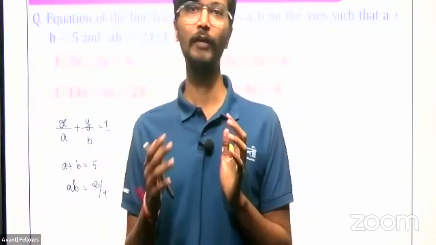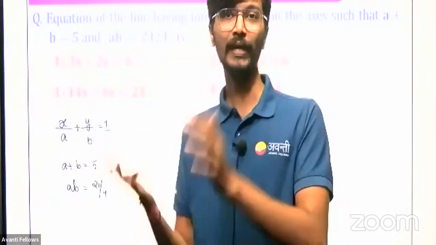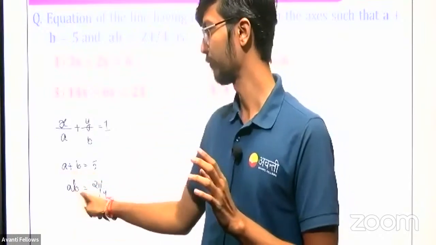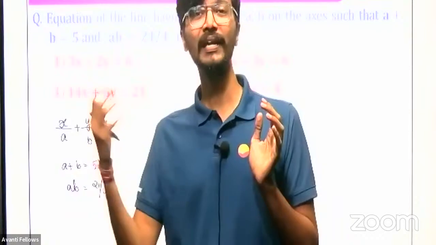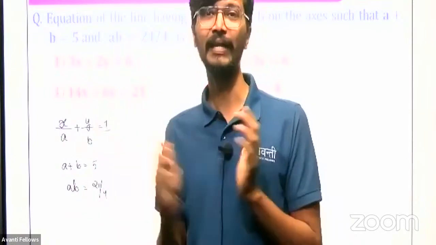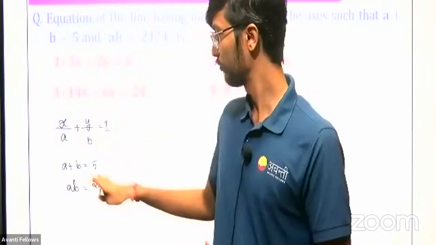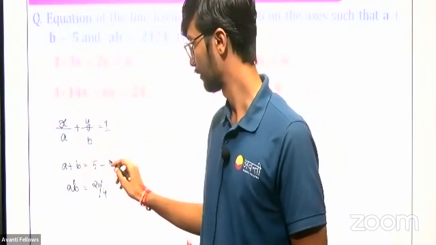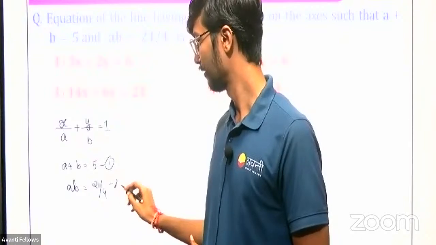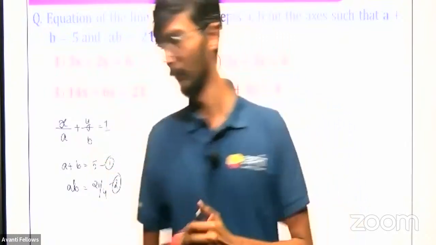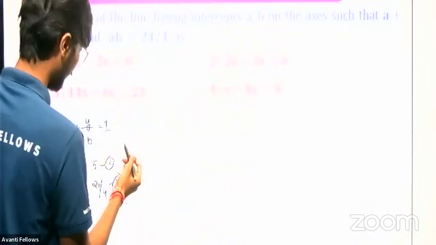Now, many a time in my previous lectures also I have said that whenever a question has the sum and product of two numbers, try to get the difference of the numbers, that is a minus b or b minus a, so that we can use this equation number 1 and the obtained subtraction equation to get the values of a and b. So let's see what we can do here.